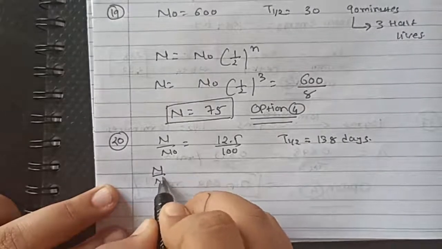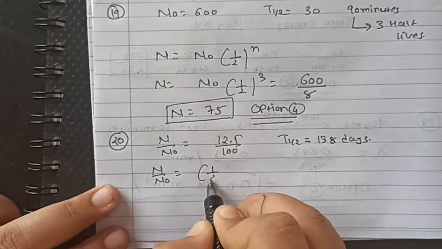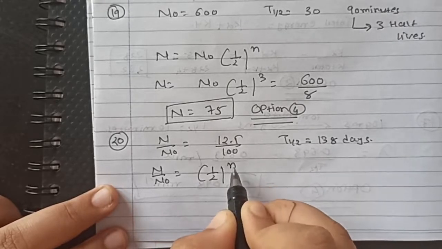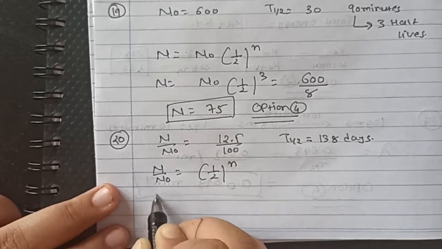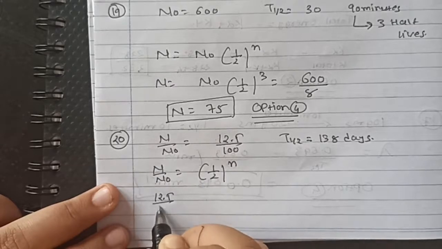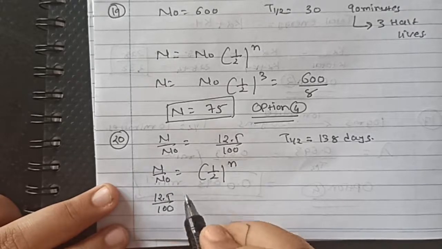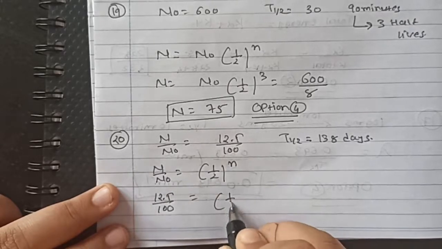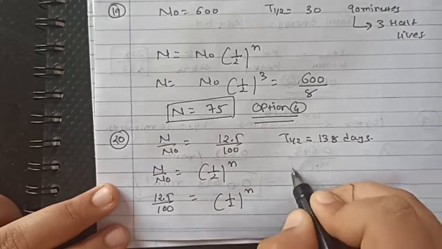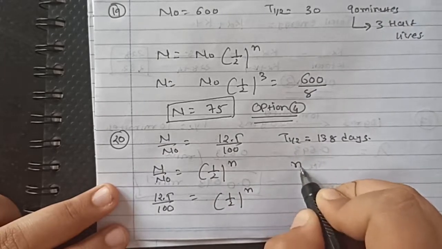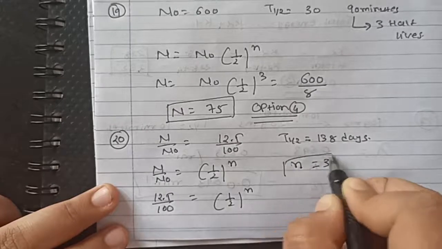N by N0 is equal to (1 by 2) power n. Here n is the number of half-lives. N by N0 is 12.5 divided by 100, which is equal to (1 by 2) power n. Simplifying this, we get n is equal to 3.